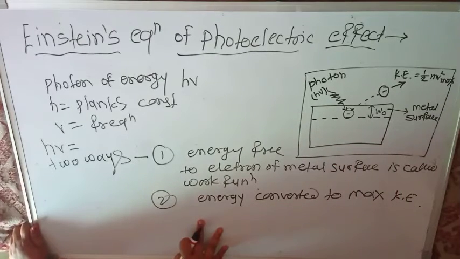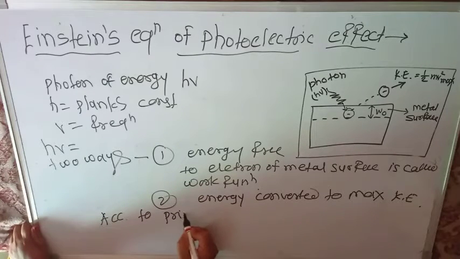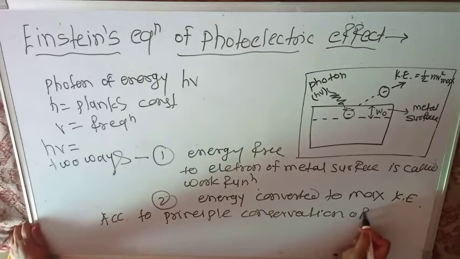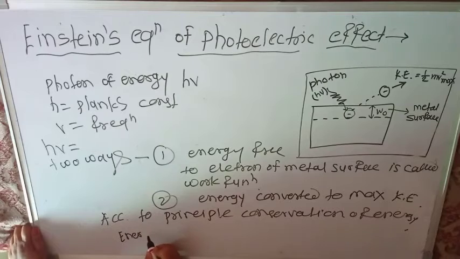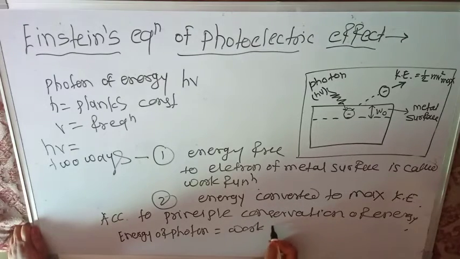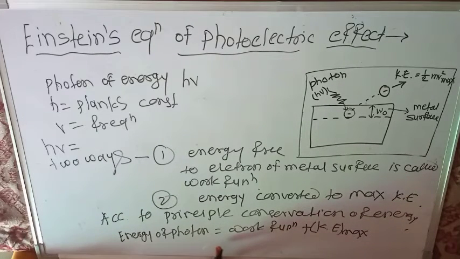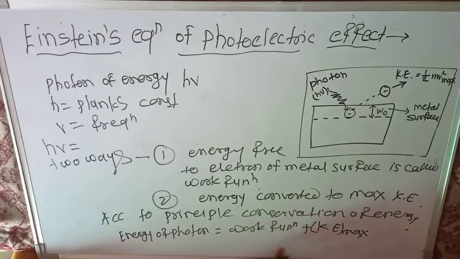Okay. Now according to the principle of conservation of energy, the energy of the photon is equal to the work function plus K max.